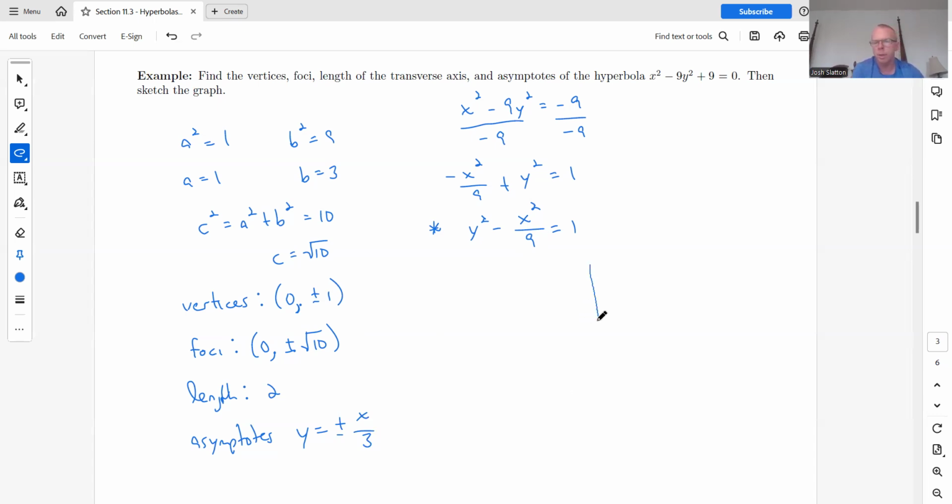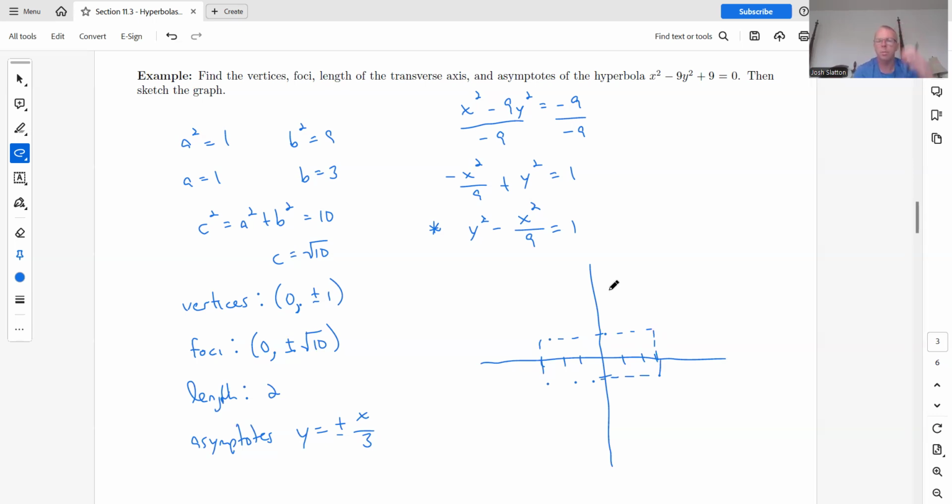And so now we have enough, we can sketch the graph. So vertically we're going plus or minus 1. Horizontally, we're going out 3 in both directions. We're going to draw the box around that.